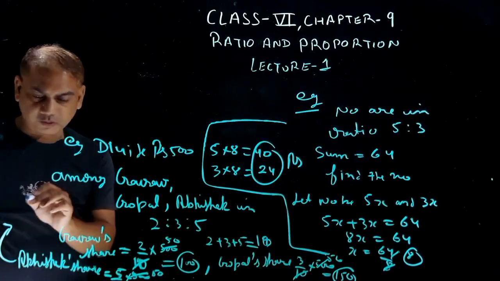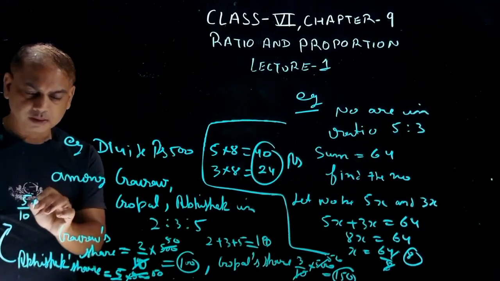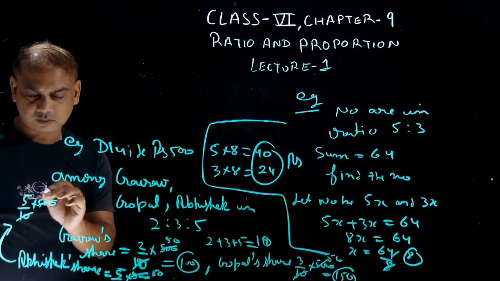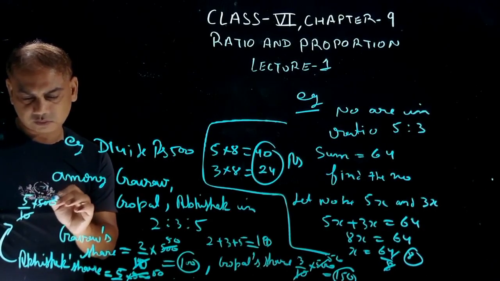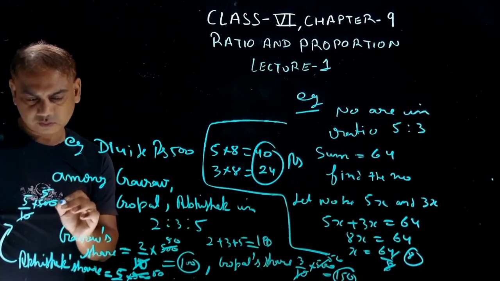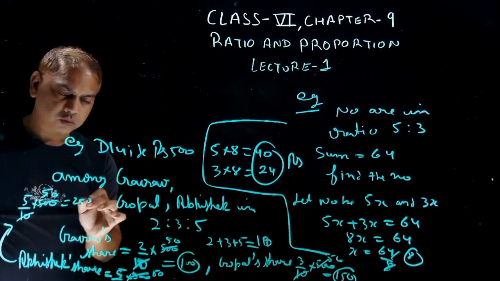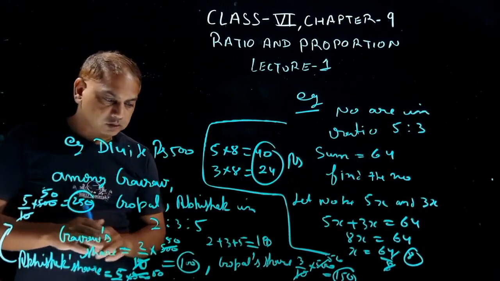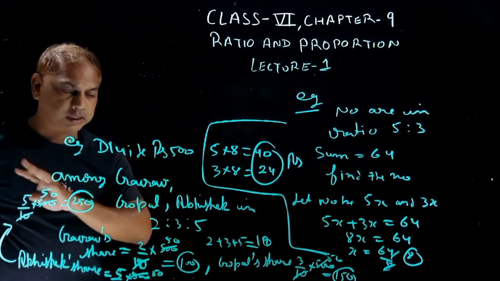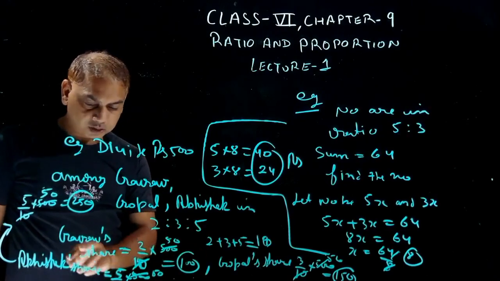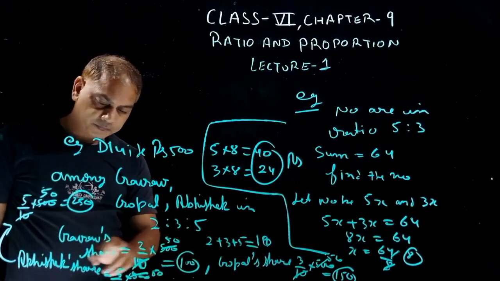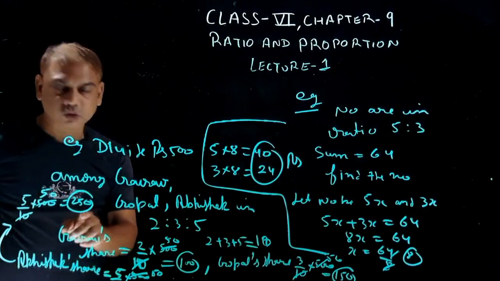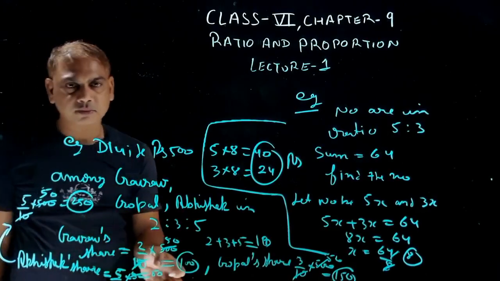Abhishek's share, students, 5 upon 10 into 500, 250. So he will get rupees 250 out of 500. So you divided 500 into 3 ratios, 2, 3 and 5. Gaurav's share is 100, Gopal's share is 150 and Abhishek's share is 250. Okay students? Good.